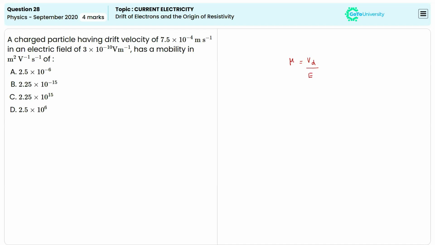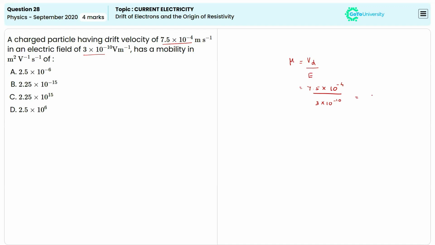Yes, very good. It's a very simple question. The correct answer is option D. The value of Vd, the drift velocity, is given as 7.5 times 10 to the power negative 4, and the electric field is given as 3 times 10 to the power negative 10. So we can just divide directly: 7.5 times 10 to the power negative 4 divided by 3 times 10 to the power negative 10.